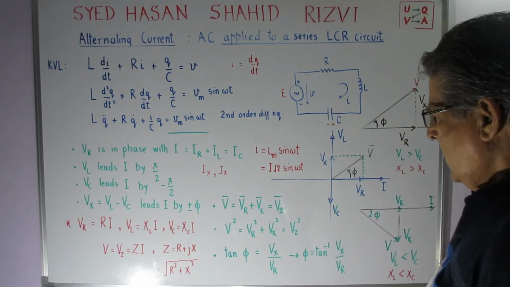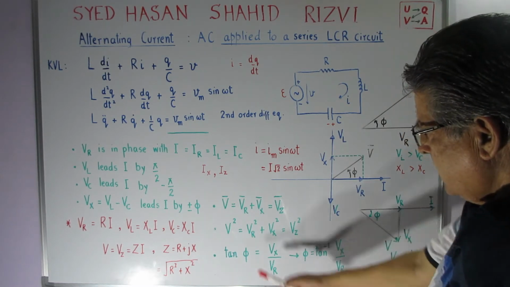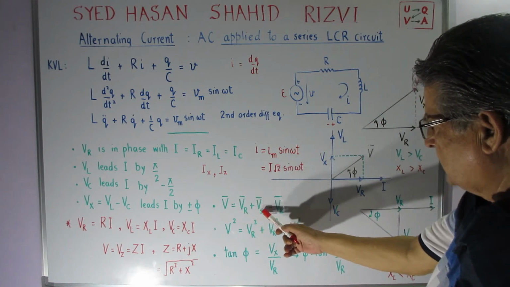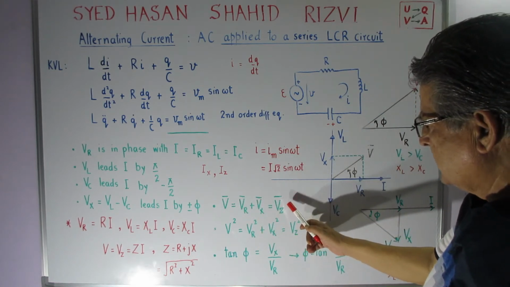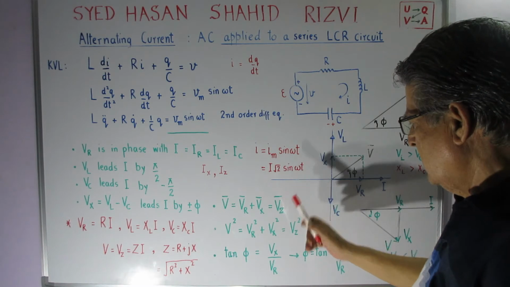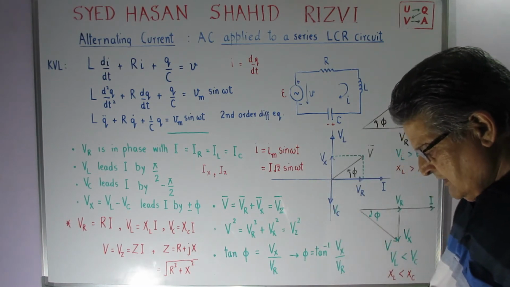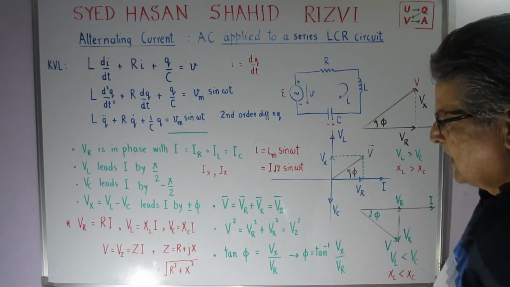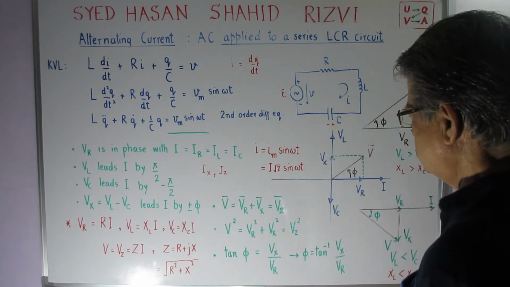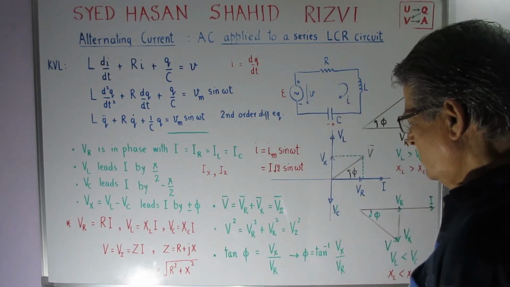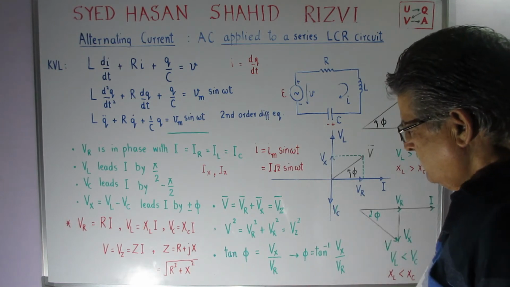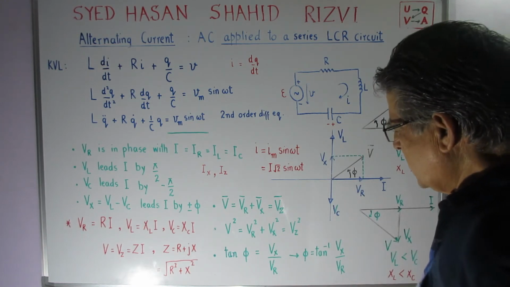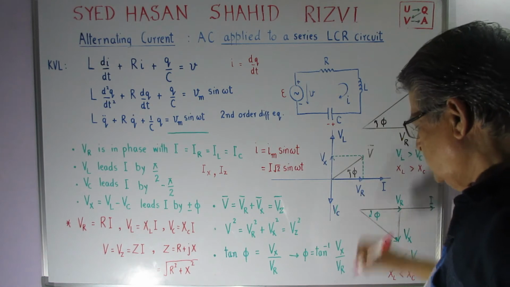Now, V is equal to VR plus Vx is equal to Vz, and I have put the sign which shows that they are phasors. I have not put signs over there just to make it easy. If you want, you can put these signs here.